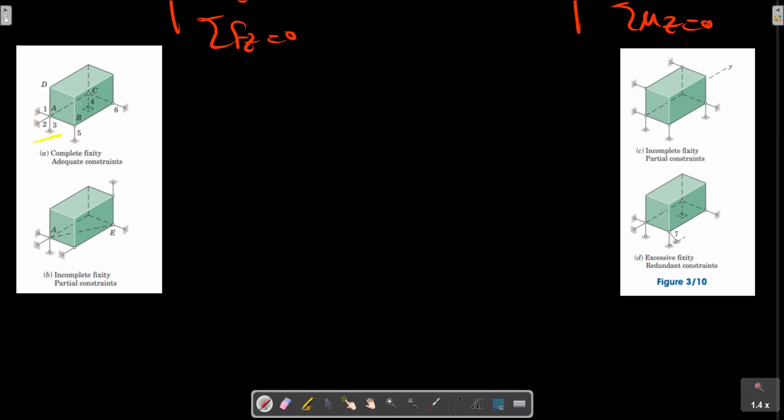Links 4, 5, and 6 prevent rotation about the axes of the links 1, 2, and 3 respectively, so that the body is completely fixed. And the constraints are said to be adequate.